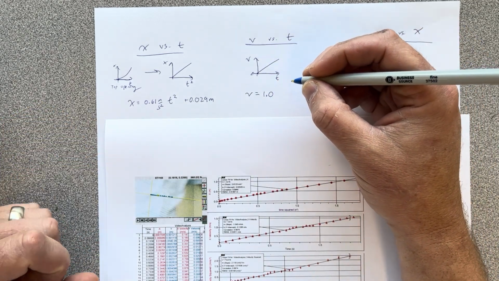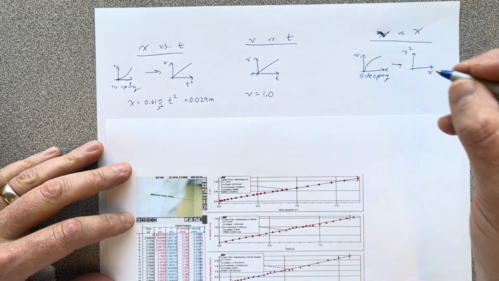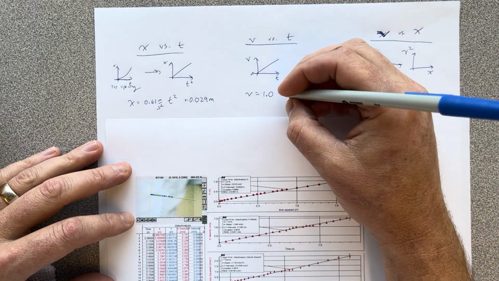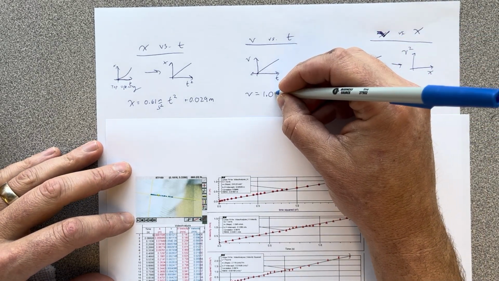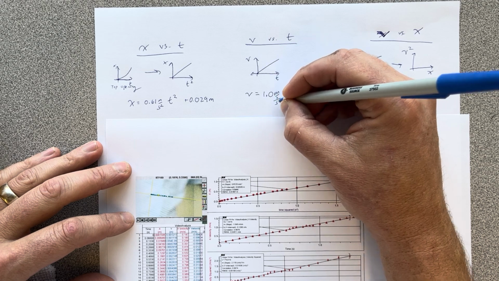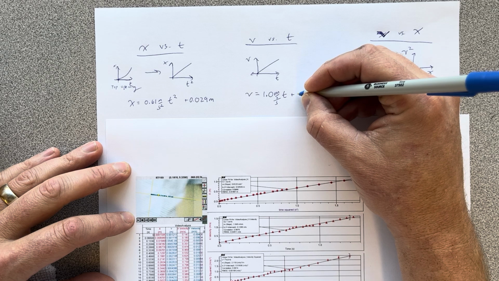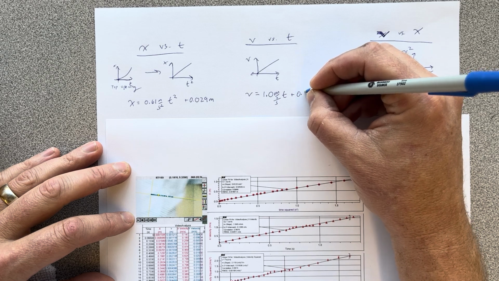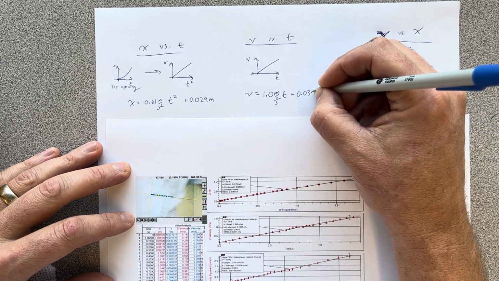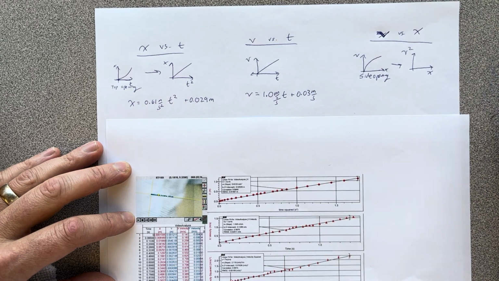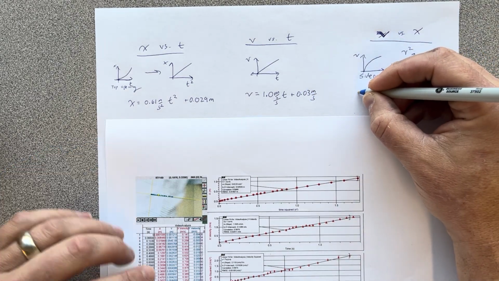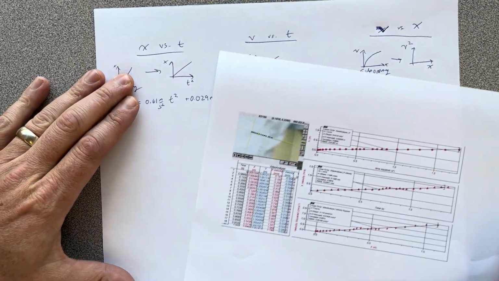I only did 2 sig figs here, so I should probably stick with that. 1.0 meters per second times t plus 0.03 meters per second.